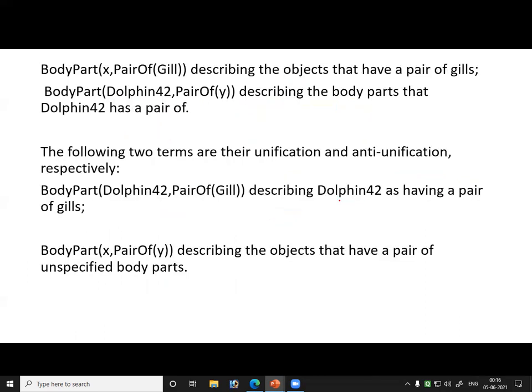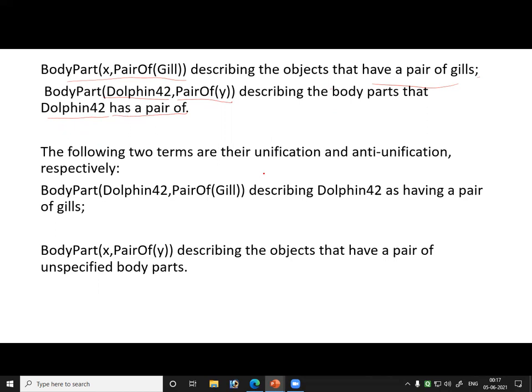So this is what is called terminology. Further, body part of x comma pair of gill describes the objects that have a pair of gills. Body part of dolphin 42 comma pair of y describes the body parts that dolphin 42 has a pair of.